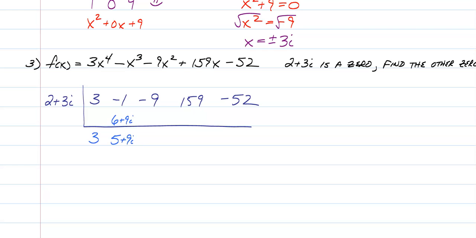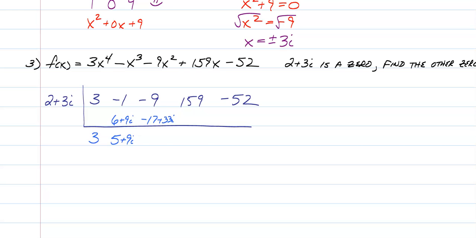You're combining like terms here. And then you're going to multiply those pieces together. And that guy is going to give you something even crazier. It is going to give you a -17 plus 33i.